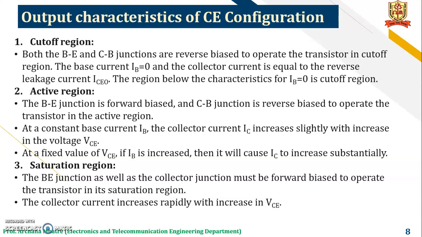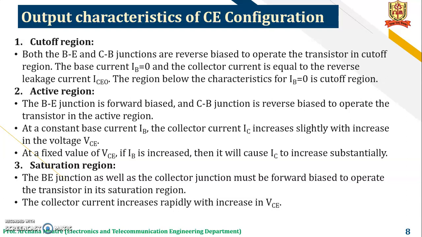Second region is the active region. In the active region, the emitter base junction is forward biased and the collector base junction is reverse biased. At a constant base current IB, the collector current IC increases slightly with increase in the voltage VCE. At a fixed value of VCE, if the base current IB is increased, then it will cause IC to increase also.